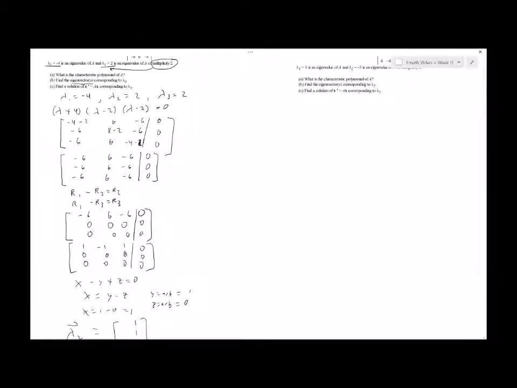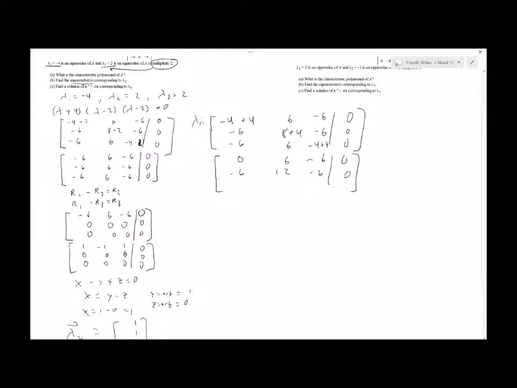So if we go here instead for lambda 1, we get negative 4 plus 4, 6, negative 6, 0, negative 6, 8 plus 4, negative 6, negative 6, 6, negative 4 plus 4, 0, 0, and 0, 6, negative 6, 0, negative 6, 12, negative 6, 0, negative 6, 6, 0.